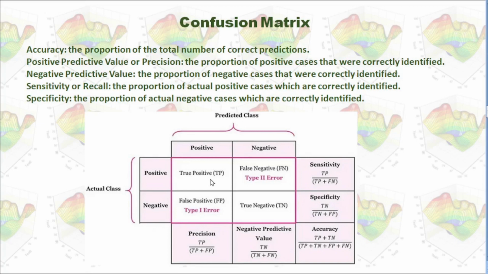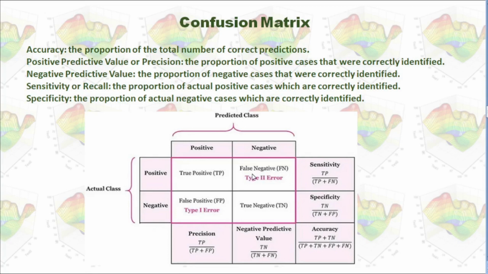And so, if both are positive, we call it true positive. If the actual data point and our model both consider the data point as negative, we will say that's true negative. If it is positive, but our model thinks it's negative, we call it false negative.